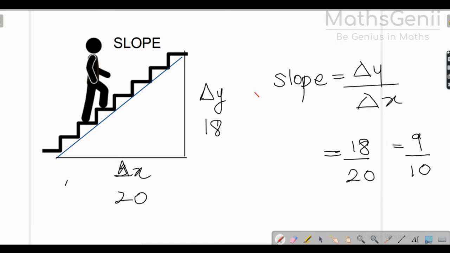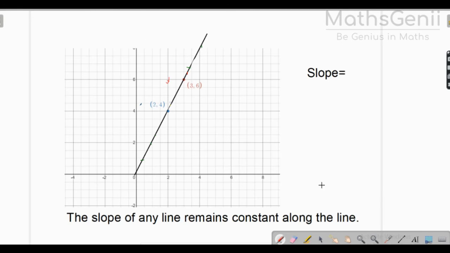Okay, let's graphically see how do you find it for a line. Now, if I draw a triangle, now carefully see the points that I have plotted. I'll just zoom this.